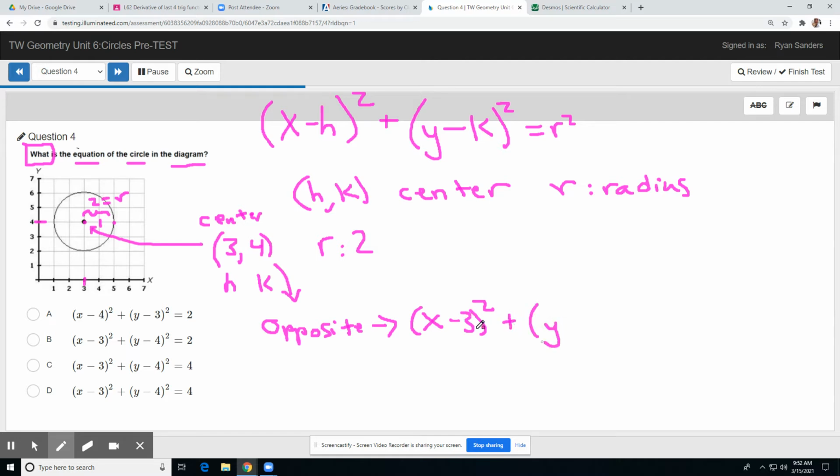Plus Y. The opposite of 4 is -4. Squared equals the radius. The radius is 2, and then we square it. We'd rewrite everything. And that's our final answer.